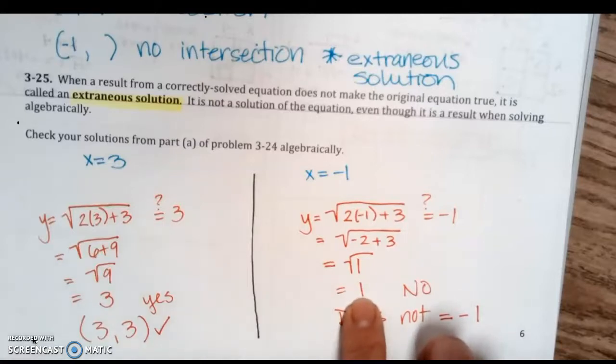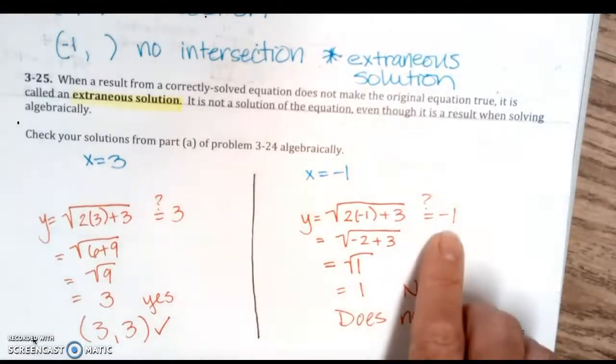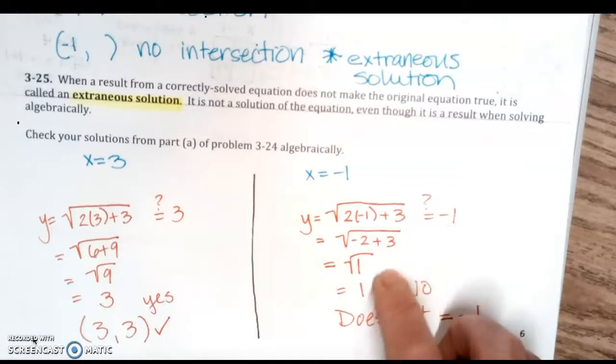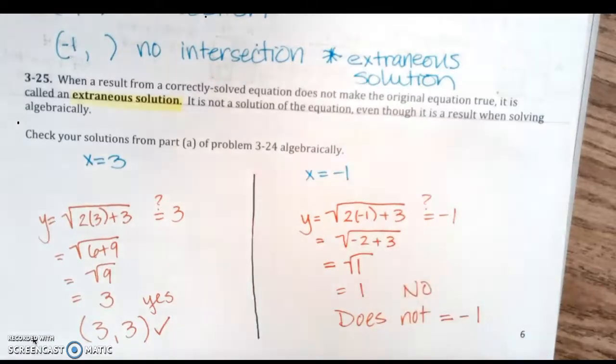Does 1 equal -1? No, and you might just feel like, oh, maybe I just messed up a sign because they're so close, right? It's just +1 and -1. Maybe I left off a sign or something.